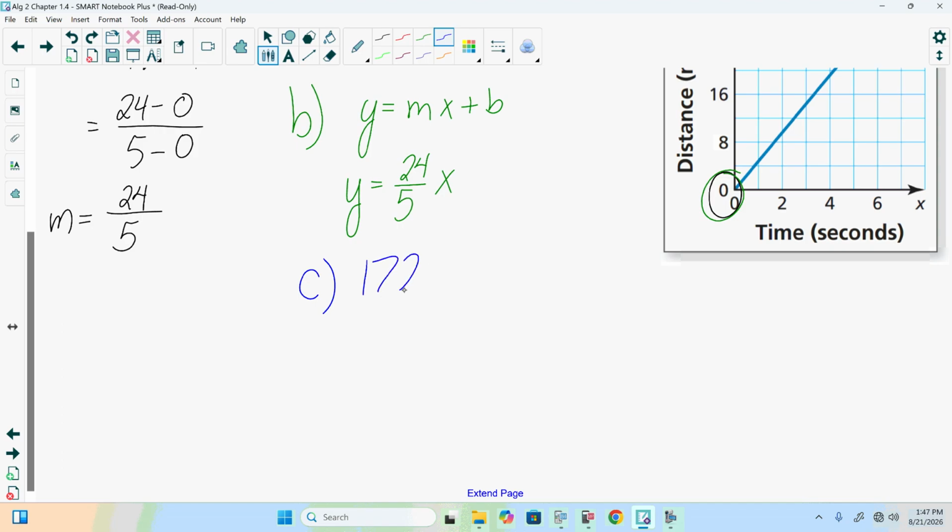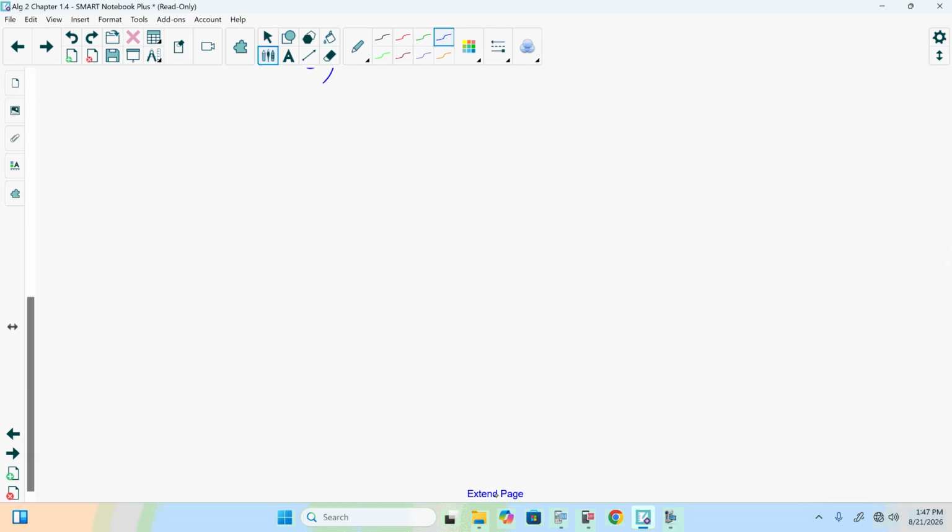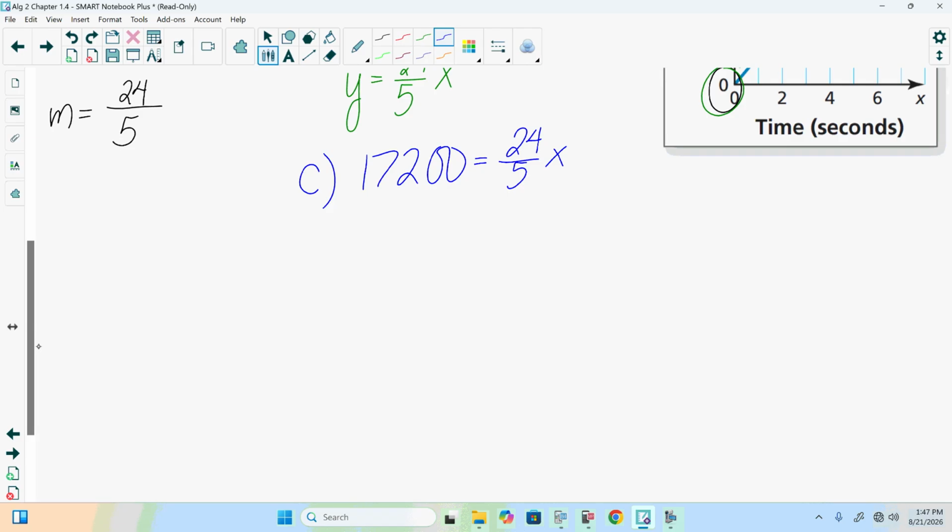So we're saying that 17,200 is equal to 24/5 times x. We need to solve for x. What can we do first? 24/5 and x. Are they being added, subtracted, multiplied, or divided?